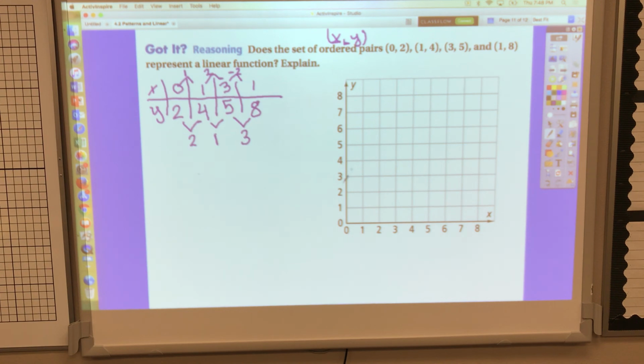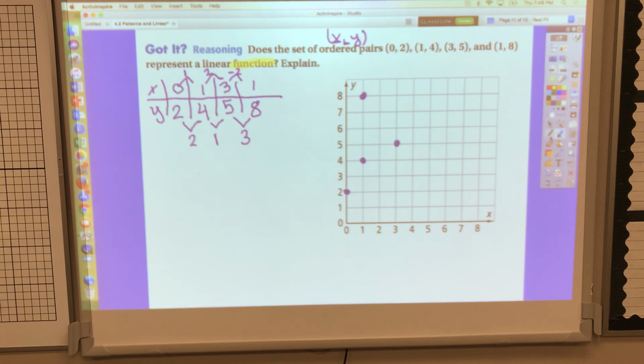I would have to check all of these change in y's over the change in x's. So an easier way to do it when they're giving you ordered pairs is actually to make a graph. So if I'm at 0 and I put a dot at 2, okay? If I'm at 1 and I put a dot at 4, if I'm at 3, I have a dot at 5, okay? And if I'm at 1, they also have a dot at 8. So the easiest way to think about this is by thinking about the definition of a function, okay?